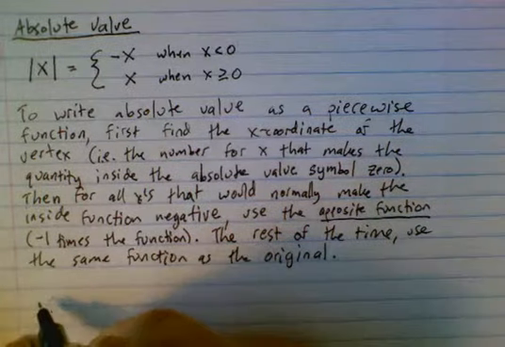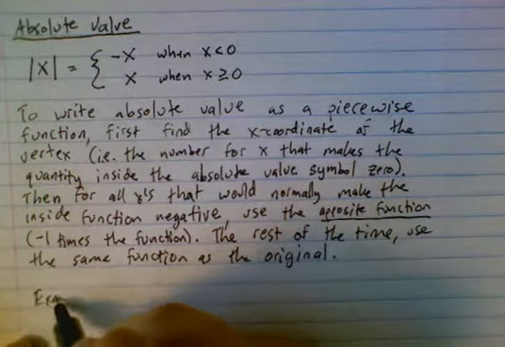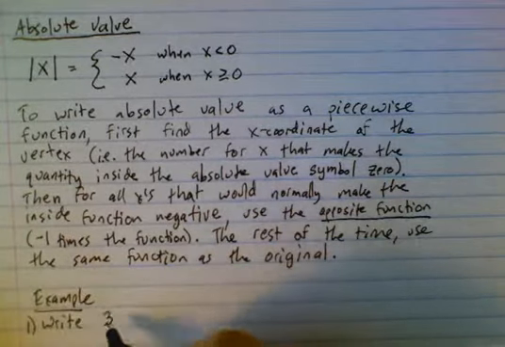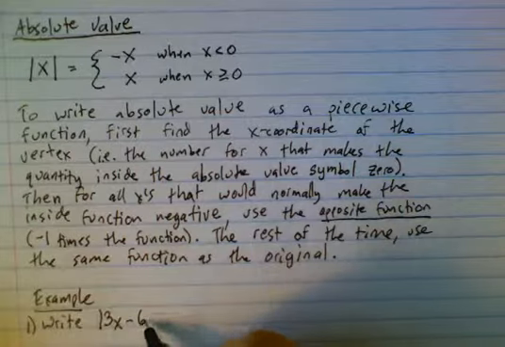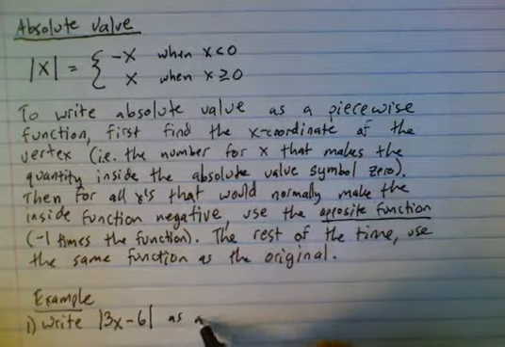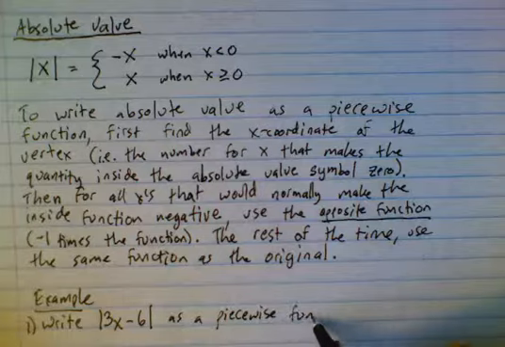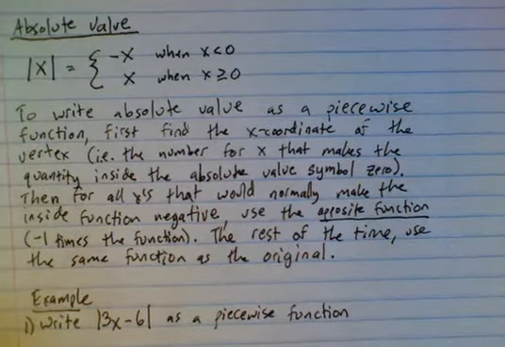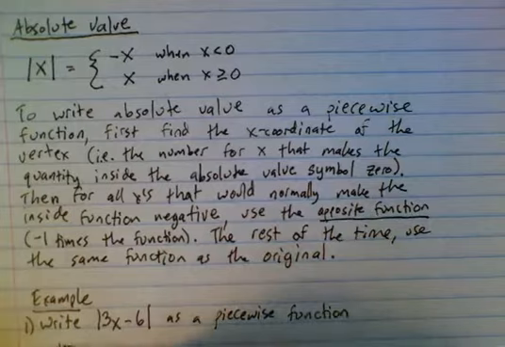So let's look at an example. We're going to write the absolute value of 3x minus 6 as a piecewise function. So the first thing we want to do is find the vertex.